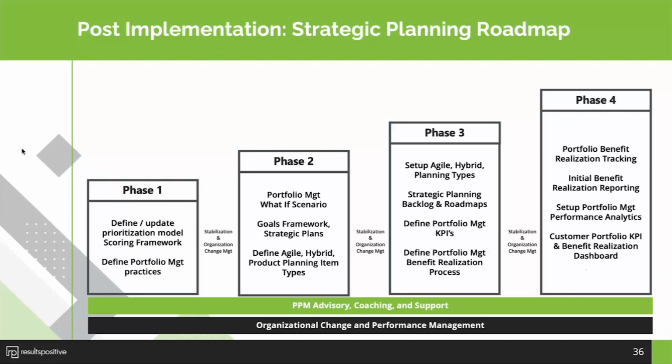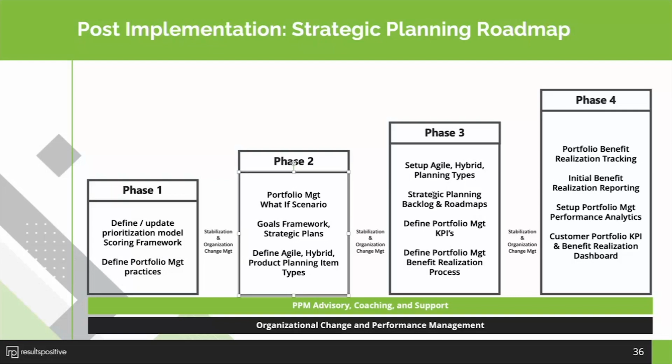We look at it from a strategic planning perspective, from a roadmap perspective. Maybe we need to put together our overall scoring framework. Maybe we need to put together more of our portfolio management practices, start looking at doing some what-if scenario analysis, really start putting in our goals framework with strategic plans in here, maybe to assign some additional planning types, like epics as an example.